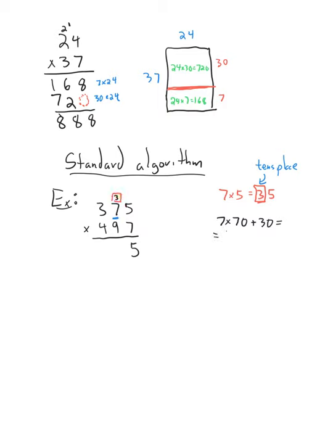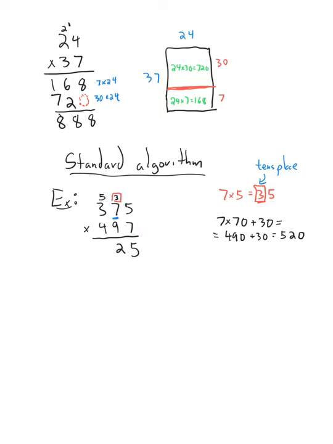So this is 490. 7 times 7 is 49, then you add your 0. Plus 30 is 520. So we put down our 2, our 20, if you will, and we carry our 5.